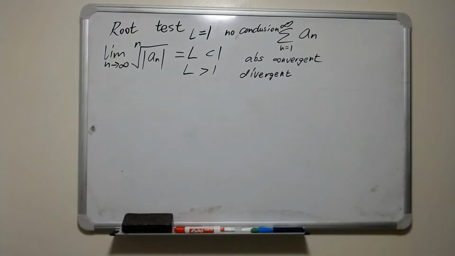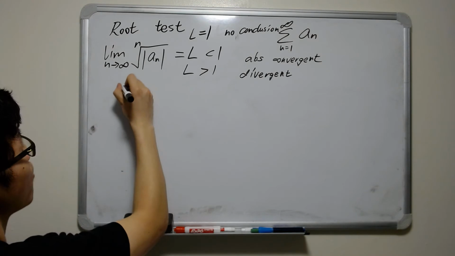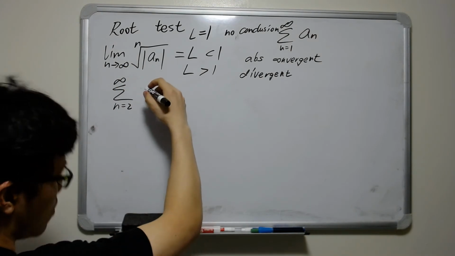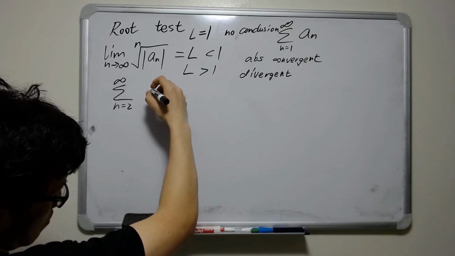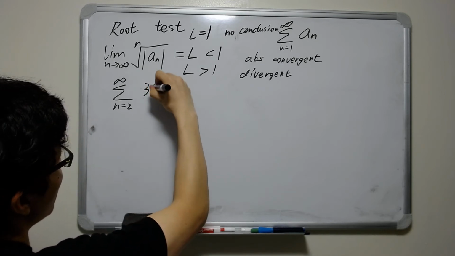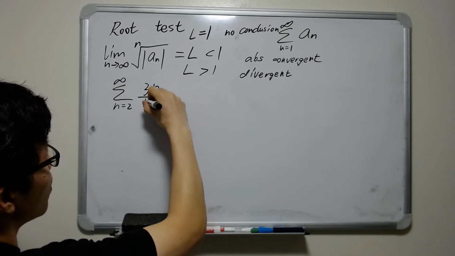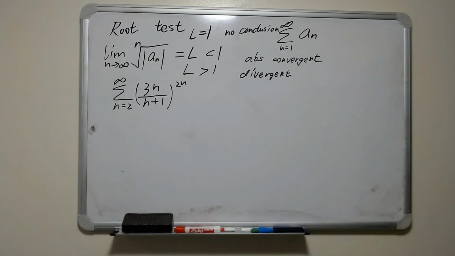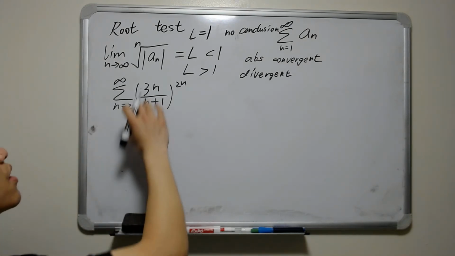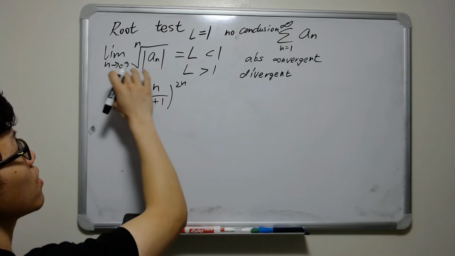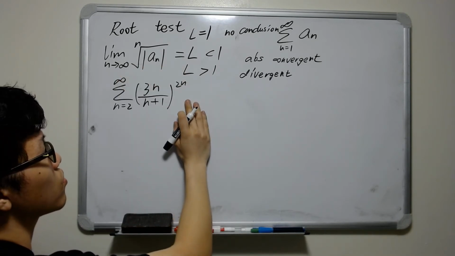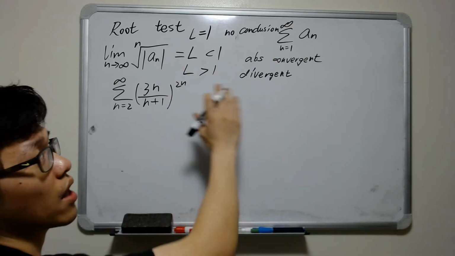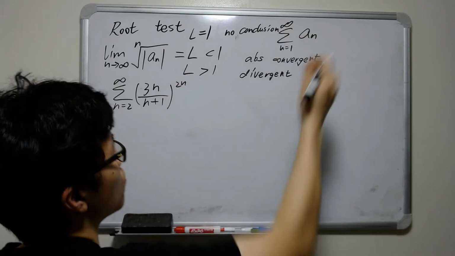Okay, so let's go to the example. If we have the series (3n over n plus 1) to the 2n, for example, then we can apply the root test to find the root, and then check whether this root is greater than 1 or less than 1, and then we get the convergence of this series.